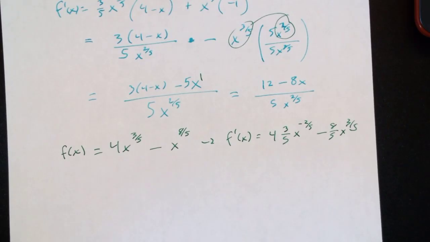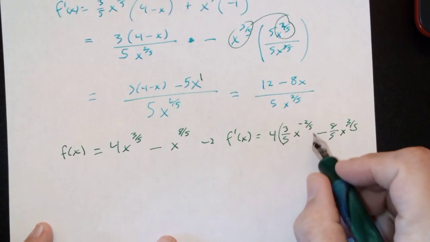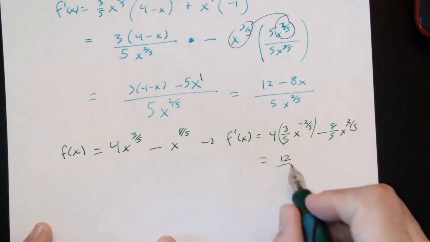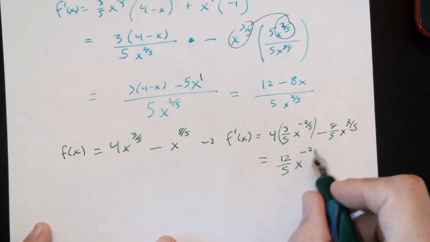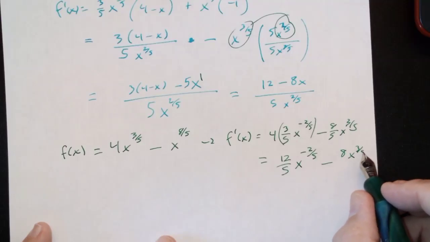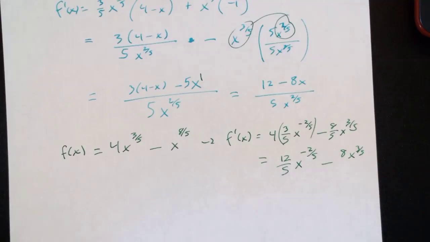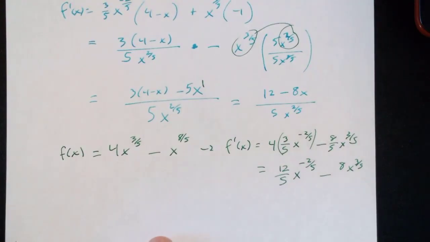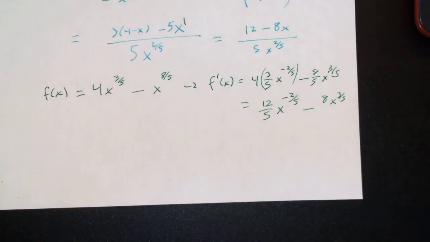Right? So this is 12/5 x to the minus 2/5 minus 8/5 x to the 3/5. Negative powers go in the bottom. I'm going to end up exactly the same place. It's just the algebra that's different.